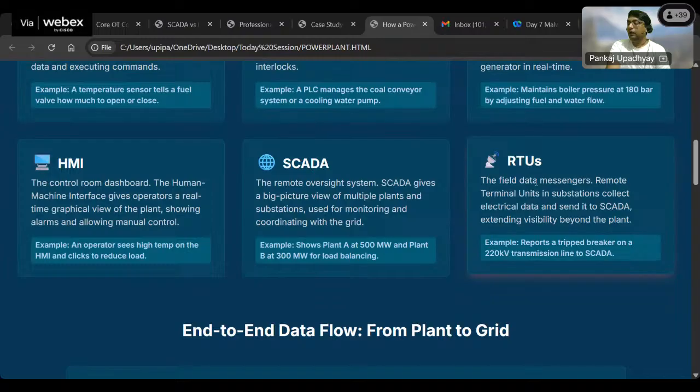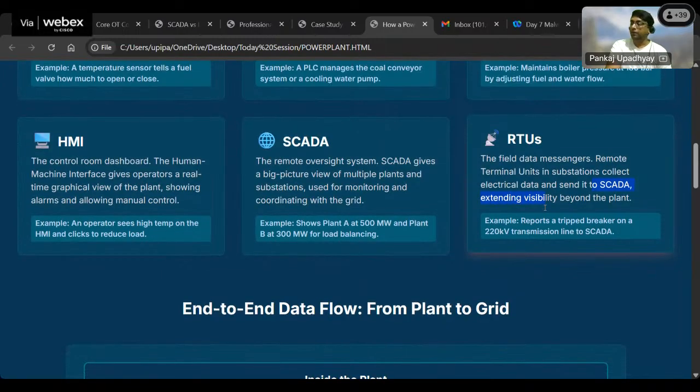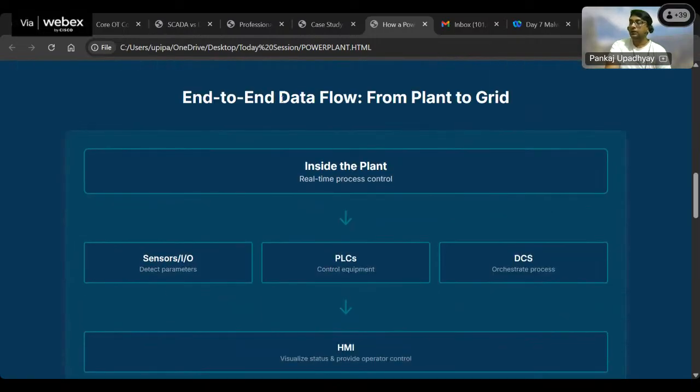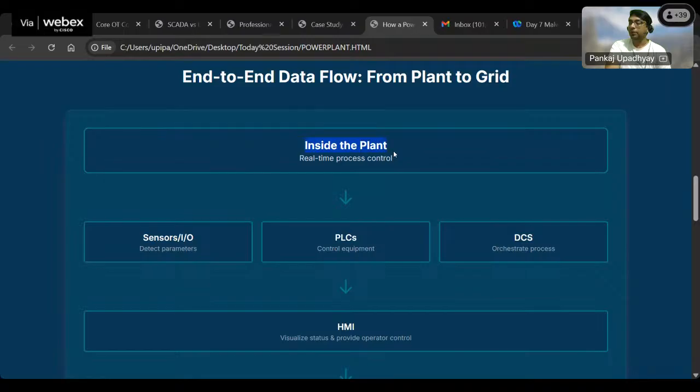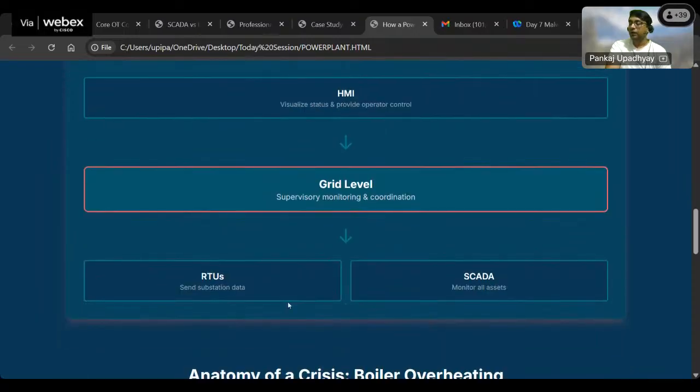And in a similar way, the RTUs, the field data messengers, remote terminal units in a substation, collect the electrical data and send it to SCADA for visibility. So this is the complete flow inside the plant: real-time process controllers, the sensors, PLCs, DCS, then HMI, then you have the SCADA. Through the SCADA system, you get a single panel view with the complete picture of how the plant is running.